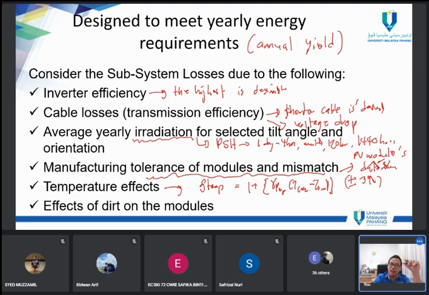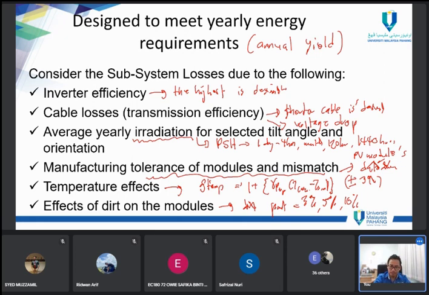Next, losses due to the effects of dirt on the module. We call that the dirt factor. Sometimes it depends on our question. It can become 3%, 5%. Worst case can go to 10% for a desert place, like the Sahara, like the canyon, that is full of dust.